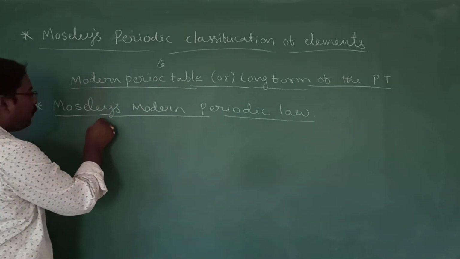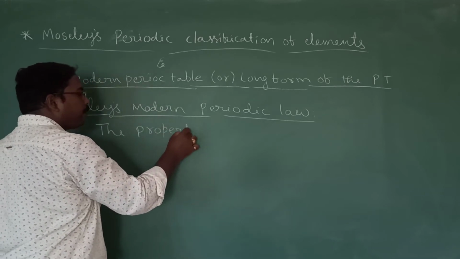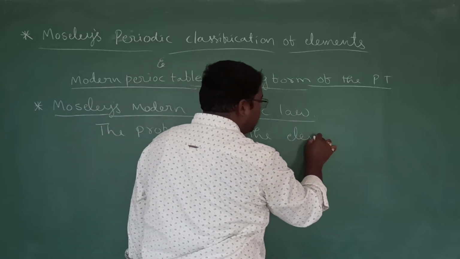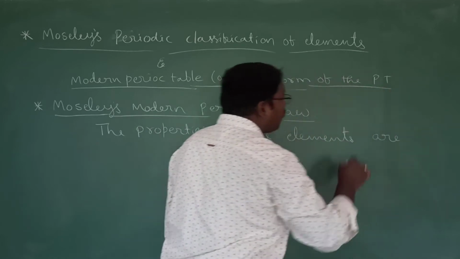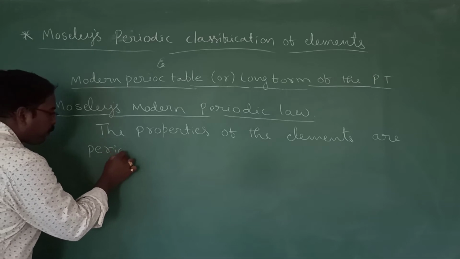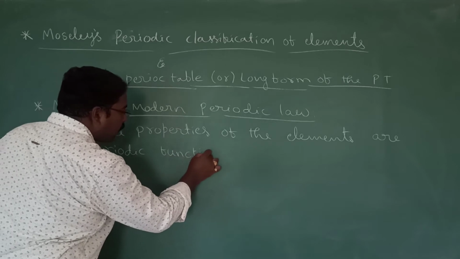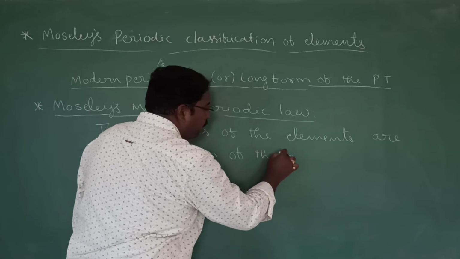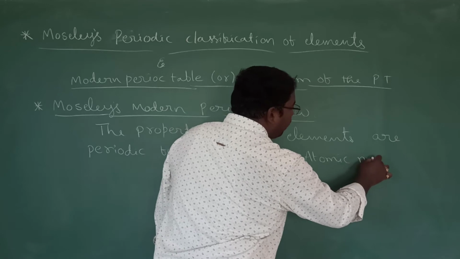What was the periodic law given by Moseley? The properties of the elements are periodic function of their atomic numbers.